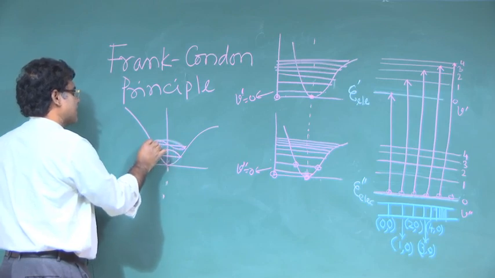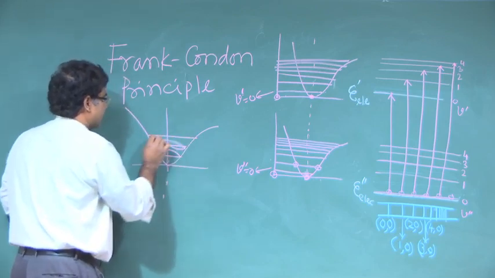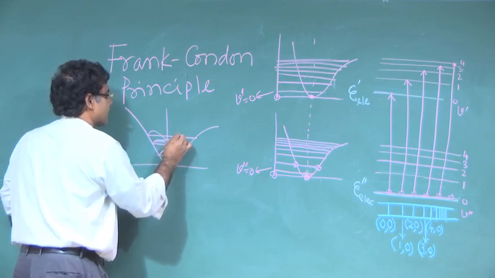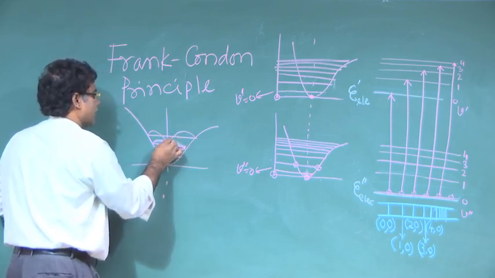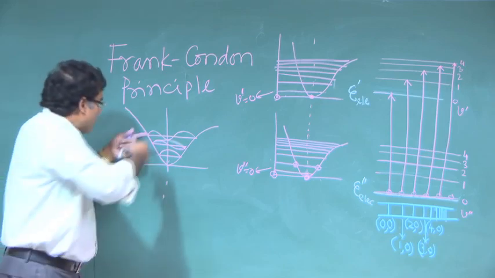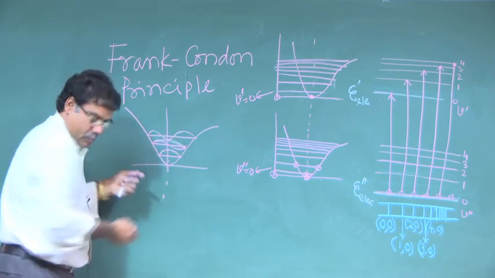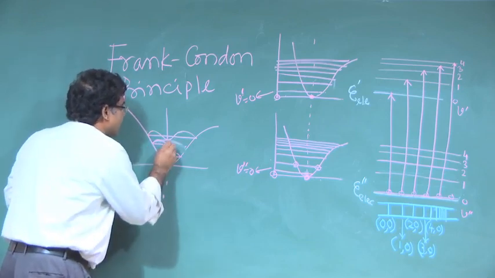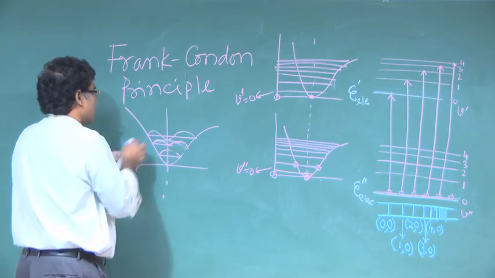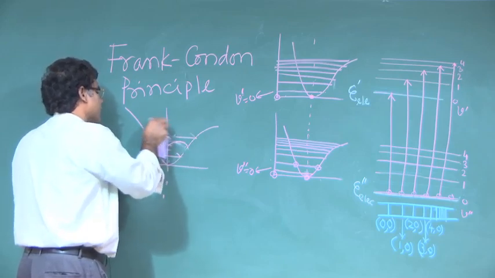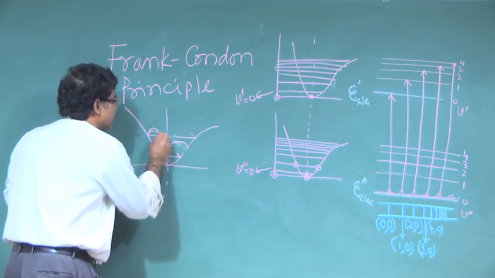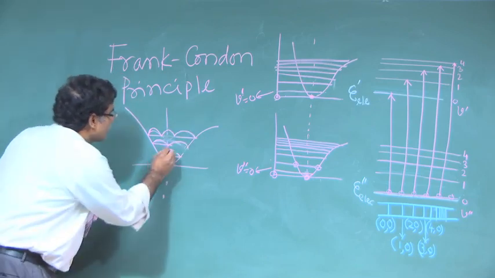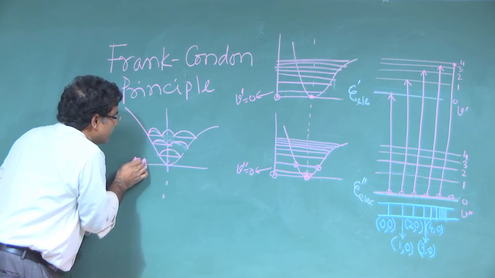For the next one, the wave function is like this. The second next one will be like this, okay. Now probability is the square of the wave function, so the probability will be like this. So what is the probability?